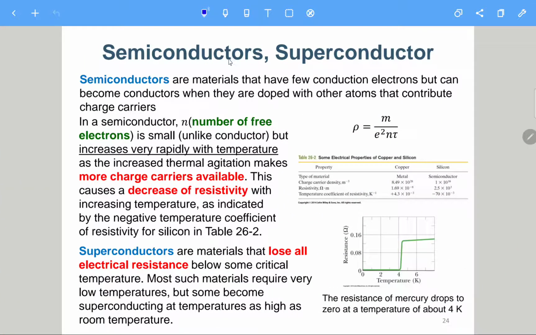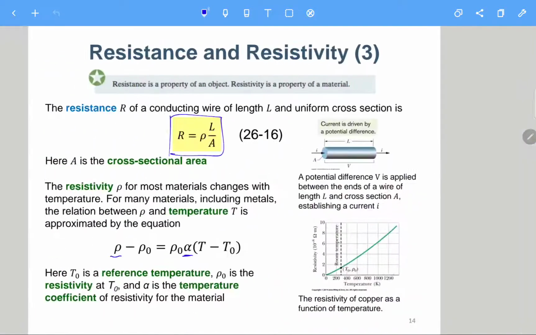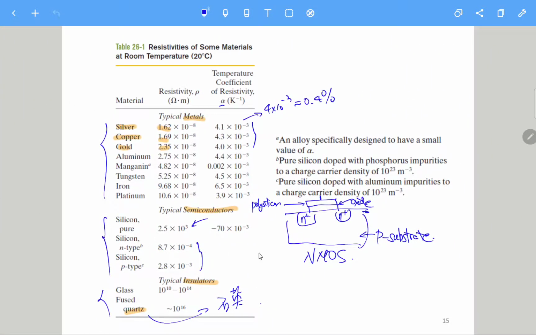So next, semiconductor and superconductor. In this course, we will not talk too much. So actually, semiconductors are materials that have a few conduction electrons but can become conductors when they are doped with other atoms that contribute charge carriers. So just now I slightly mentioned the semiconductor. We have pure silicon. Actually, how do we get the pure silicon?